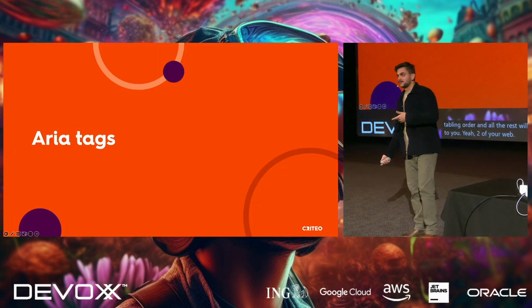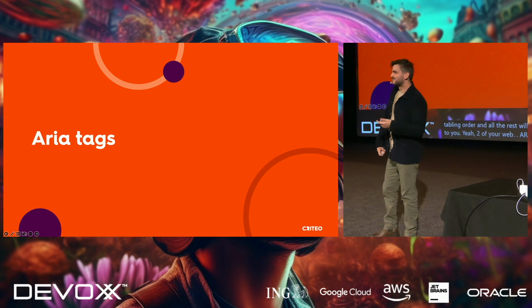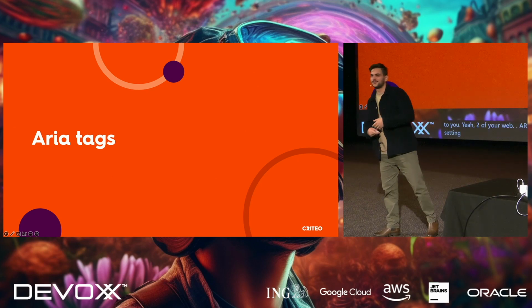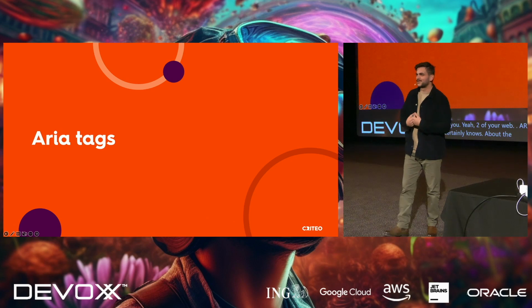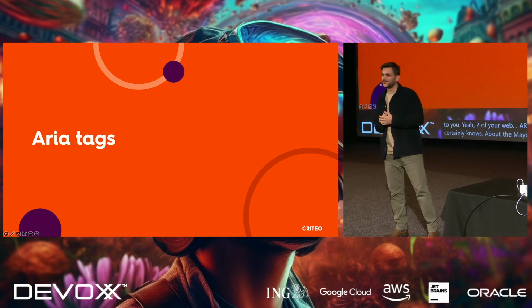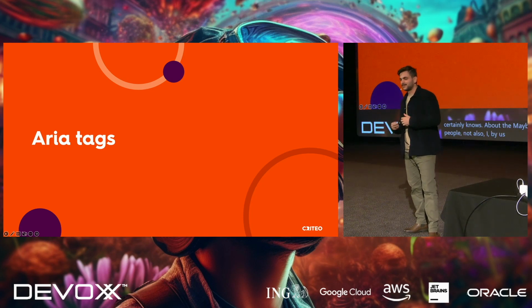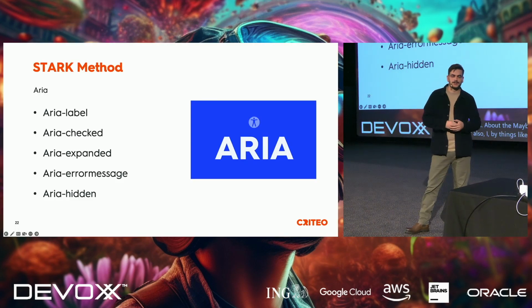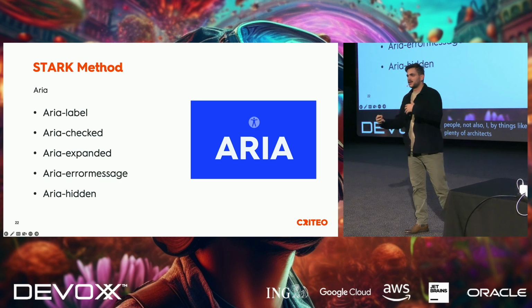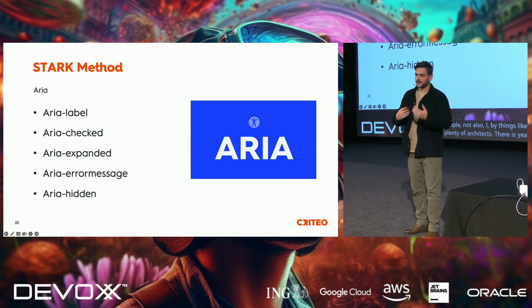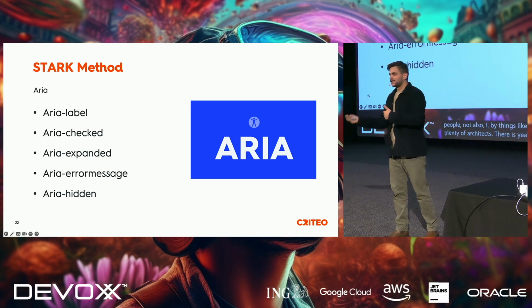The ARIA tags. Most of you certainly know about ARIA label. Maybe some courageous people also know ARIA labelledby or things like that. But in fact, there are plenty of ARIA tags: ARIA label, ARIA checked, ARIA progressbar, ARIA error message. I can't list all of them.